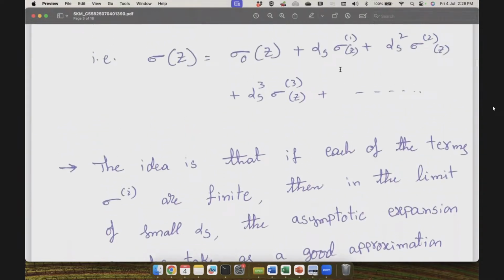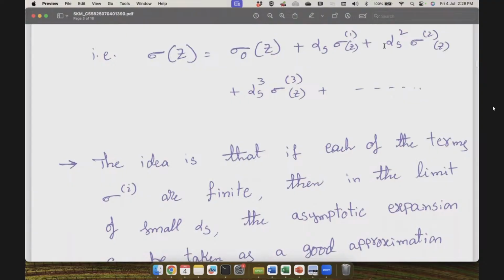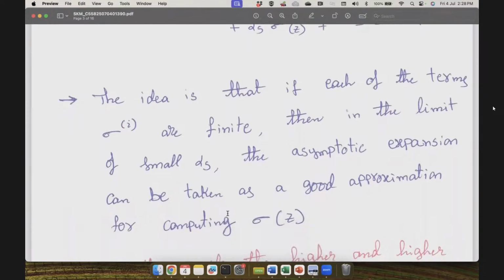So under that assumption, if each of the terms is finite, then in the limit of small alpha s, though the perturbation series is going like alpha s to the power n, where n goes to infinity, because we are assuming the expansion parameter to be very small, we can rely on the concept of asymptotic expansion. In that sense, the asymptotic expansion can be considered a good approximation for predicting your observable or whatever quantity you want to compute.